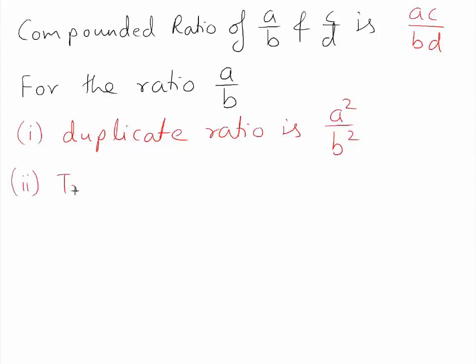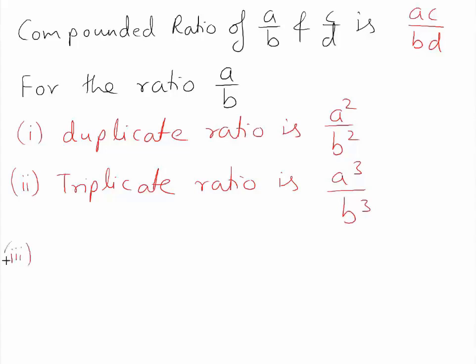Similarly, we have triplicate ratio. Meaning you compound this ratio with itself thrice, you get A cube by B cube. Now next is subduplicate ratio.